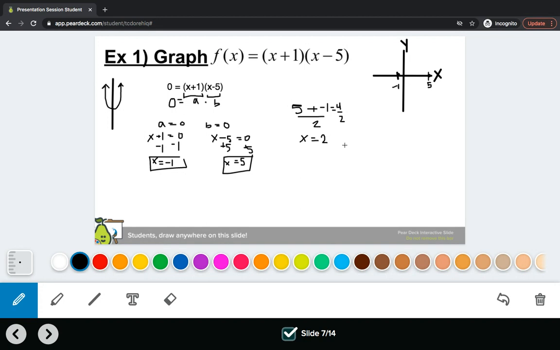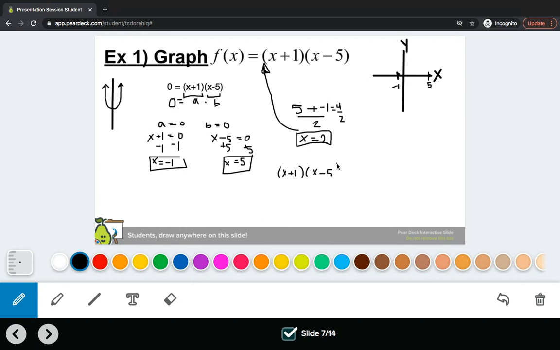And now that I know what my x value is for my vertex, if I know my x, I could just plug that back into the equation that I know and solve for my y value of my vertex. So I'm just going to do x plus 1 times the quantity of x minus 5.